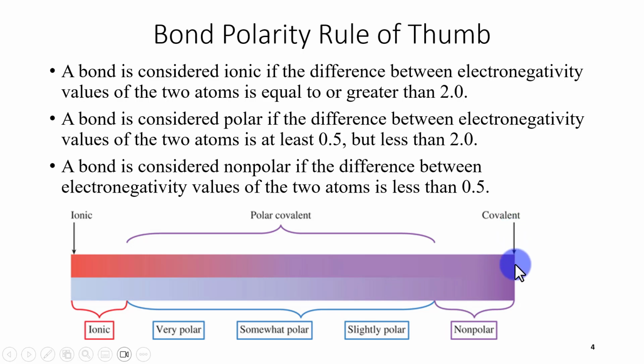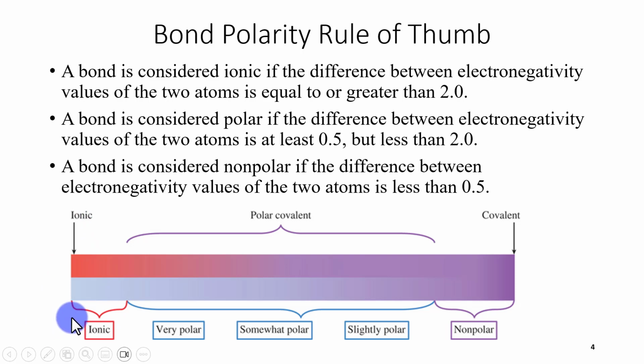On one hand, we have the nonpolar bond right here. So molecules like chlorine, fluorine, bromine, they are on the nonpolar end because the electrons are shared equally. On the total opposite end of the spectrum, we have the ionic bond.